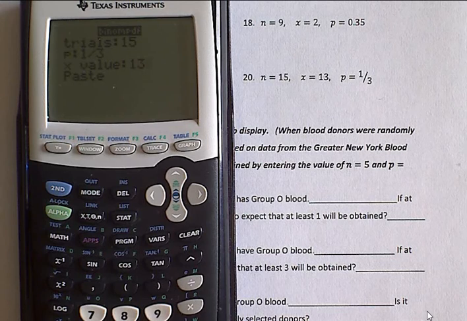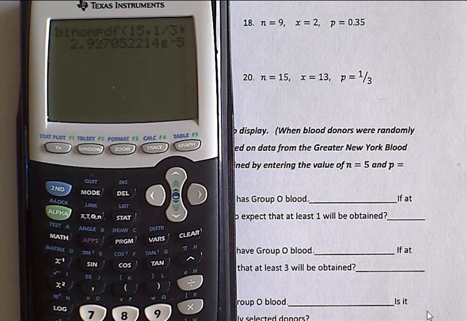enter. Now, where it says paste, what it's literally doing is pasting it into the formula that it already has in memory. So I'm going to go ahead and hit enter. And there it is. It pasted into the formula. And then I'm going to hit enter again. Okay. And I get a value of 2.93, and it says e to the -5th.